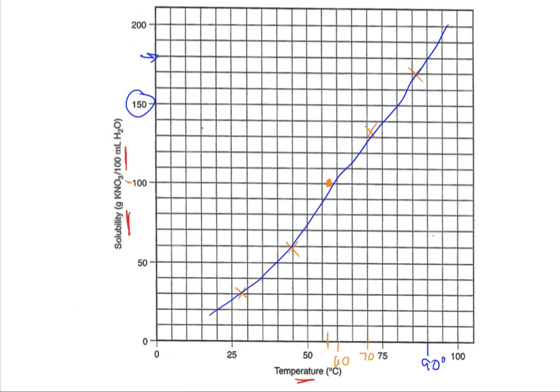And so that is 160, 170, 180. So this is 180. Right, so once you have that smooth line connected through the data points the best you can, then you can make predictions about the other values with respect to solubility and temperature. And that's essentially what this Part B is all about.